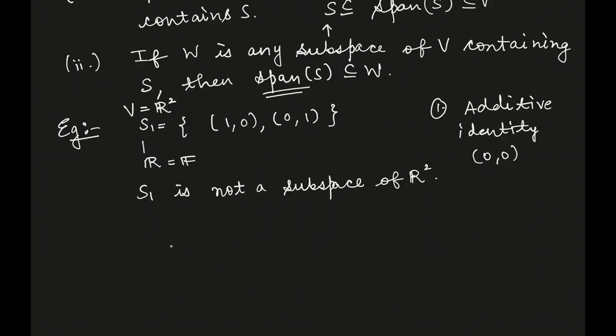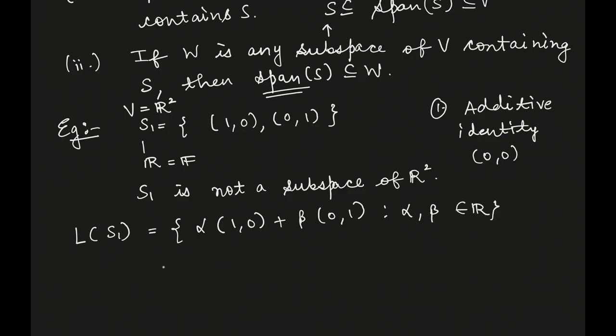Yes, ma'am. Now I need to form all the possible linear combinations of this S1. It will be framed like this: alpha into (1, 0) plus beta into (0, 1) such that alpha, beta belongs to real numbers. So this will be (alpha, beta). Alpha and beta are real numbers. So what will be this? Complete R square. All the ordered pairs will be there, na?